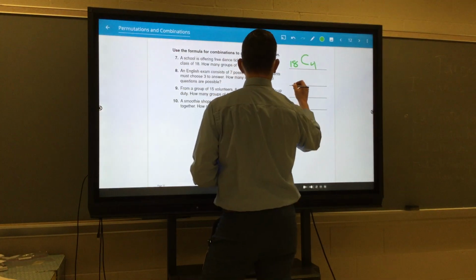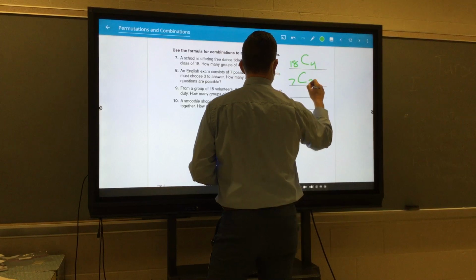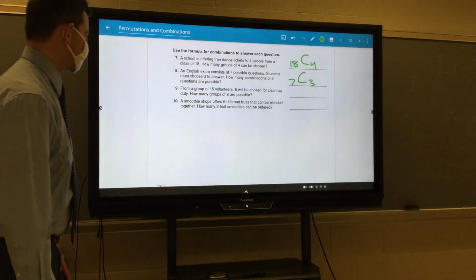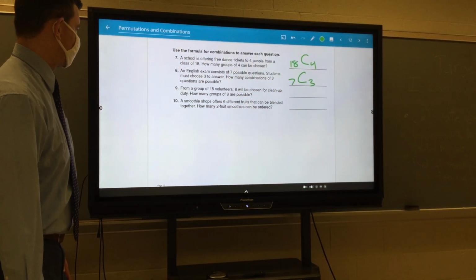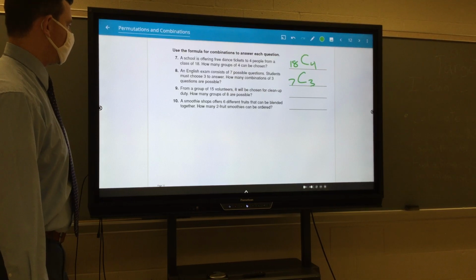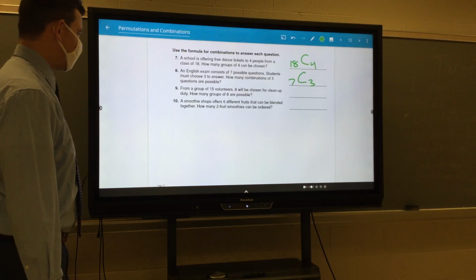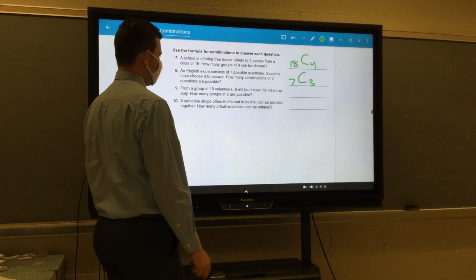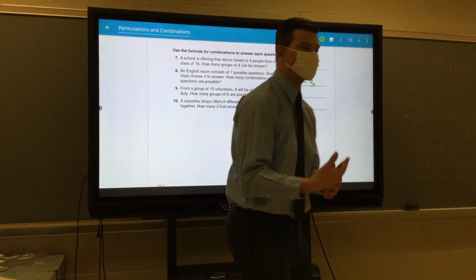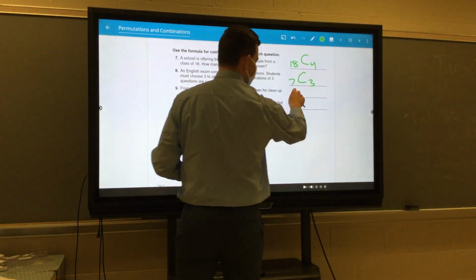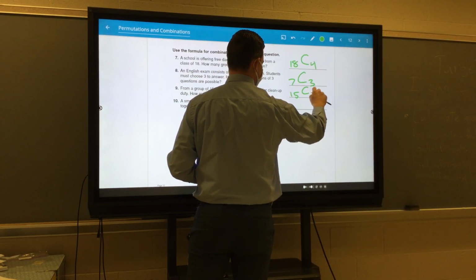It's a combination because the order doesn't matter. Combination of 7 and 3. From a group of 15 volunteers, 8 will be chosen for cleanup duty. How many groups of 8 are possible? They're all performing the same task, so it's a combination of 15 and 8.